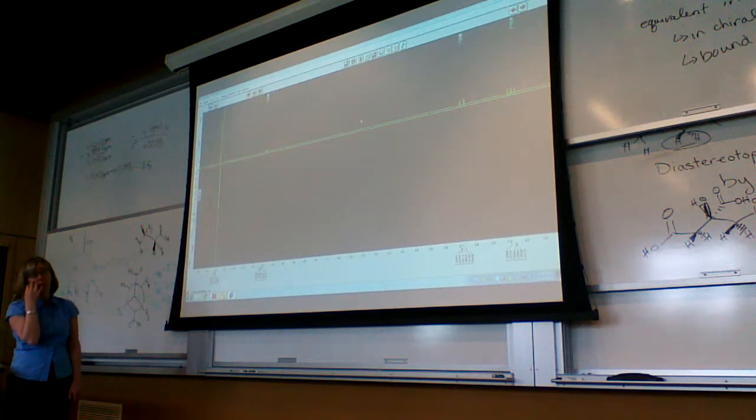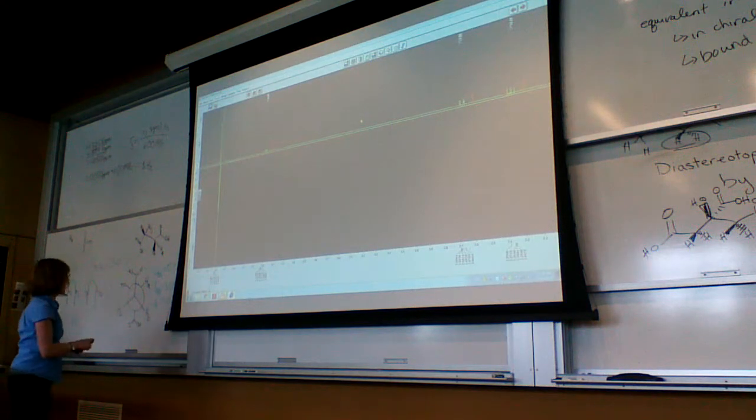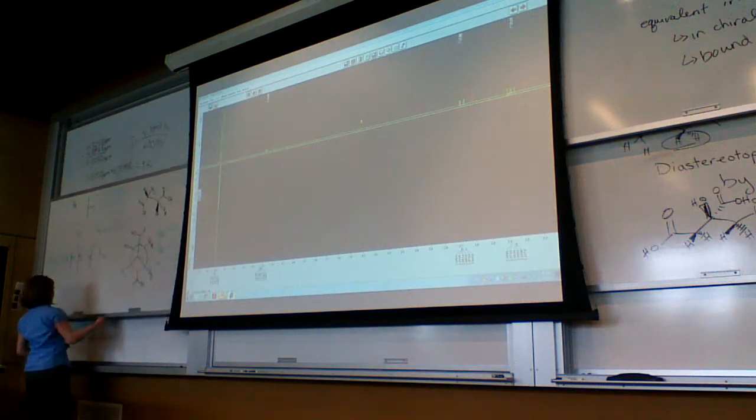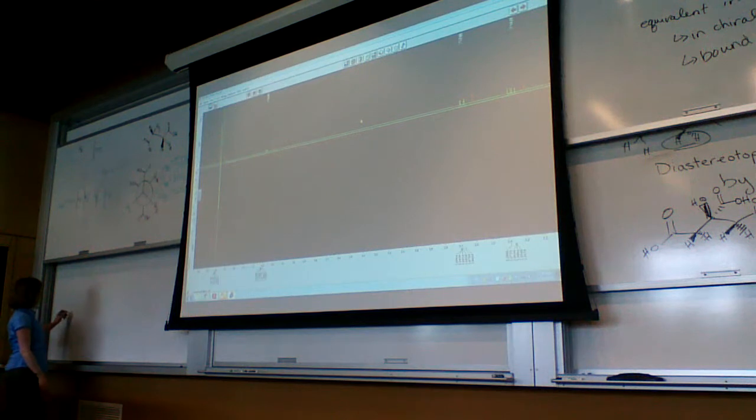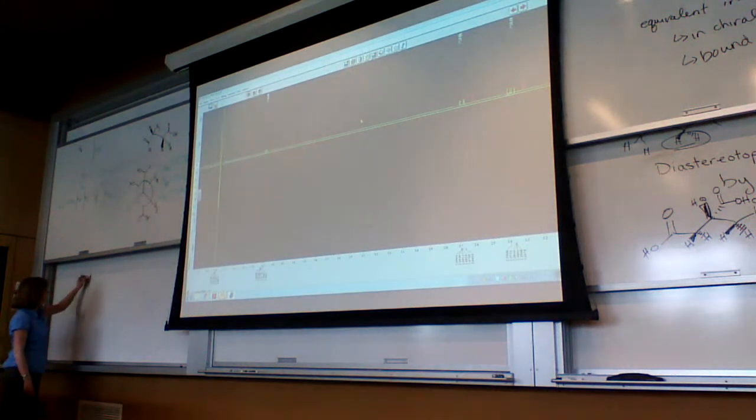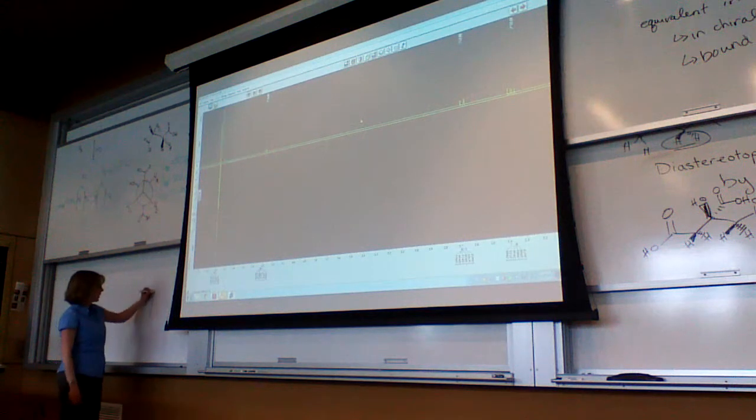Lauren? Is there any way that we could tell a definite difference between a doublet of doublets and just really, really poor shimming? I usually look at my solvent peak to see if it has the splitting that it's supposed to have. Okay. And so if you look at your TMS peak, so let's say you have something that looks like this and you're wondering if it's really a doublet of doublets, look at your TMS peak.